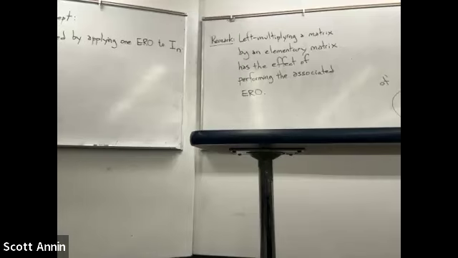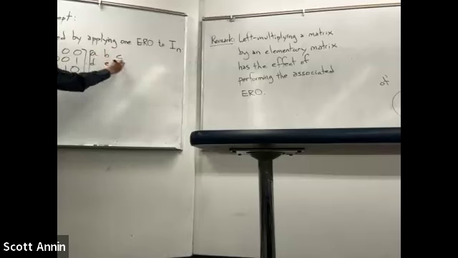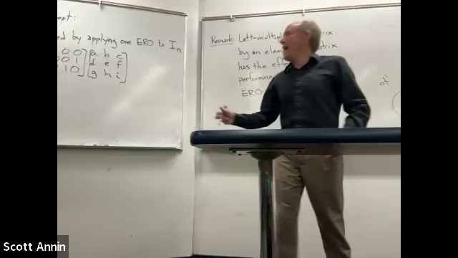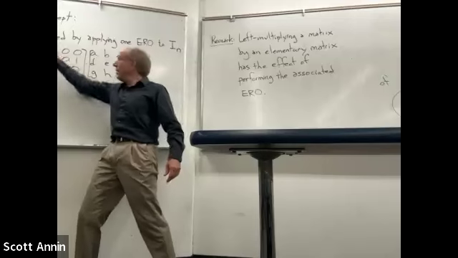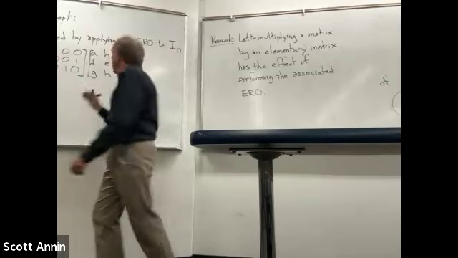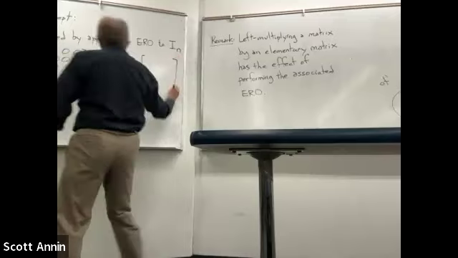I'd like to show you what I mean. This is where I wanted to have this white space. If I take this elementary matrix that I just wrote down in this first example, and I left multiply that onto any other matrix, let's just say A, B, C, D, E, F, G, H, I, any 3x3 matrix, look at what happens when you actually calculate it.